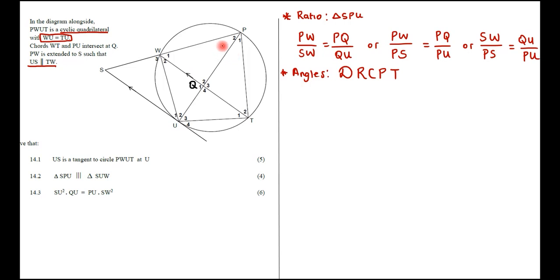Now, this is very important because sometimes you will notice that in the diagram you see something like a tangent, but it was not mentioned that it was a tangent. Then you'll see questions like this one, where I'm asking you to prove that it is a tangent. When you encounter such questions, please make sure that when you look into the diagram, you just write it as it is, right? And if you come across a part where it wants you to prove that, you just need to make sure that you prove that.